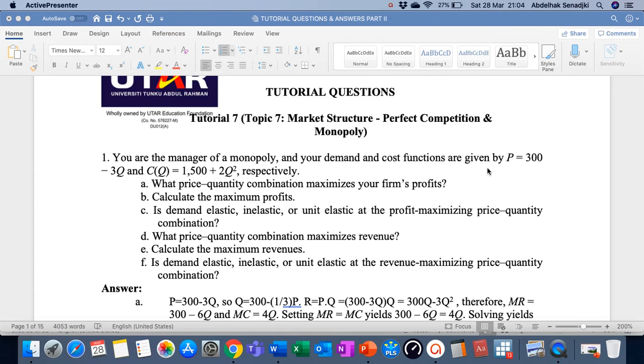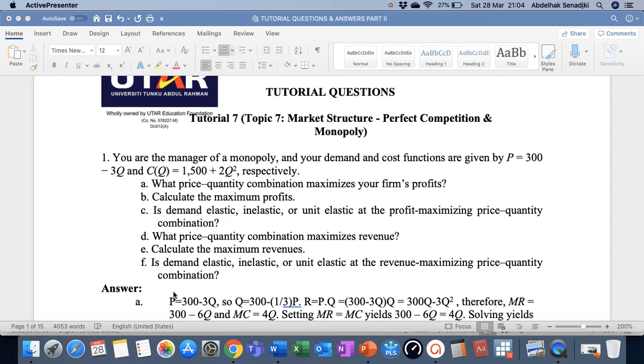So here we have the cost. Here we can calculate the marginal cost, and here we have the inverse function P equal to 300 minus 3Q. Therefore we can generate the revenue function, and therefore we calculate the marginal revenue.